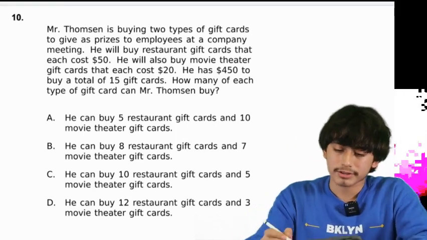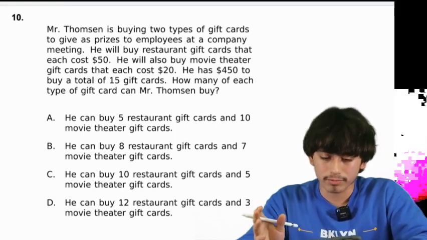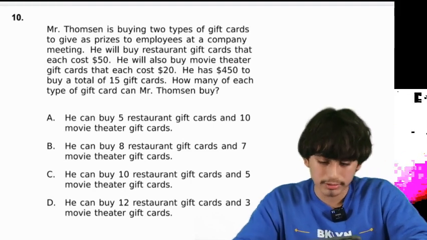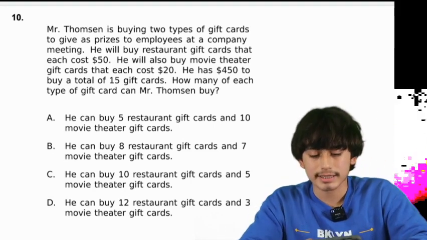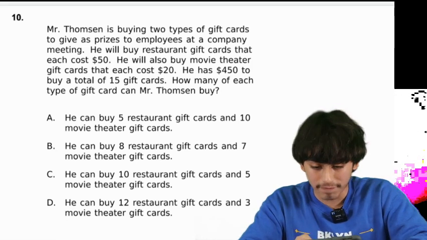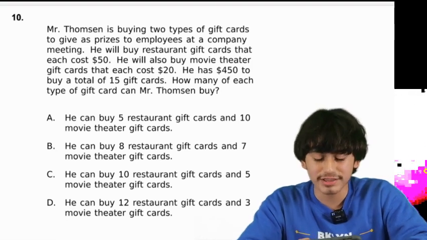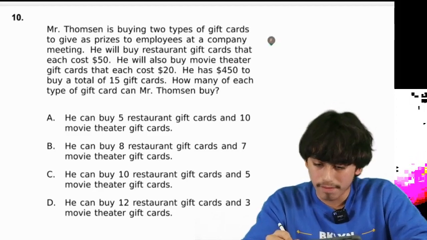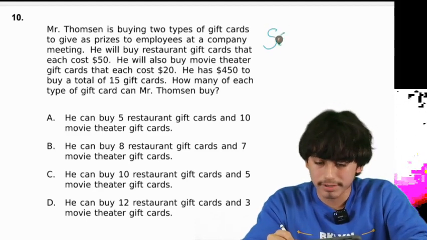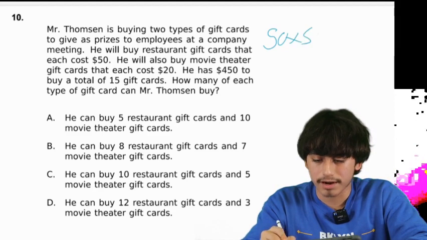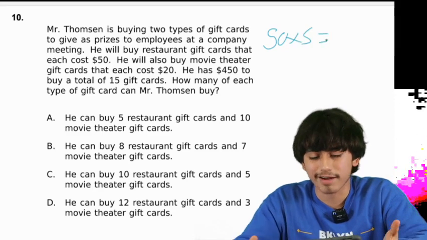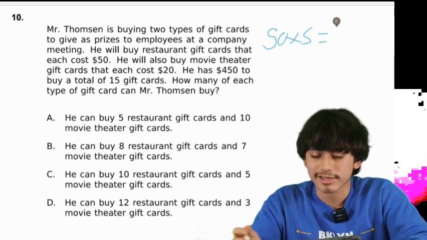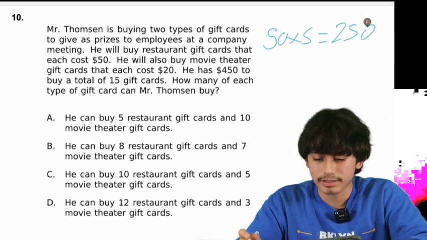So if we look at answer A, it says he can get 5 restaurant gift cards and 10 movie theater gift cards. If we do 50 times 5, it's basically like 5 times 5, and then you add the 0 at the end. So it's going to be 250.